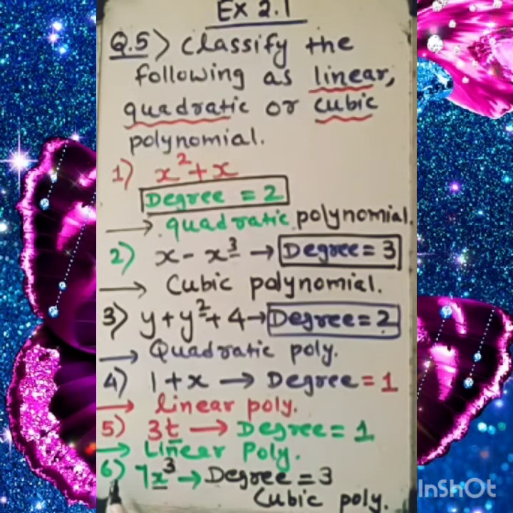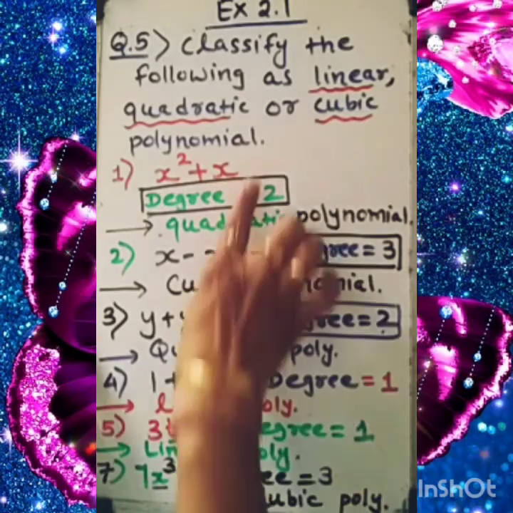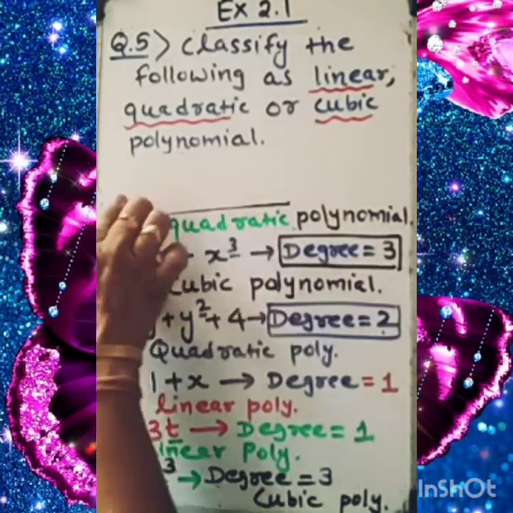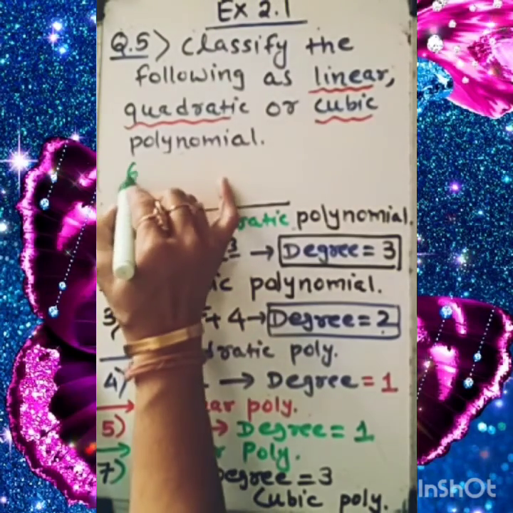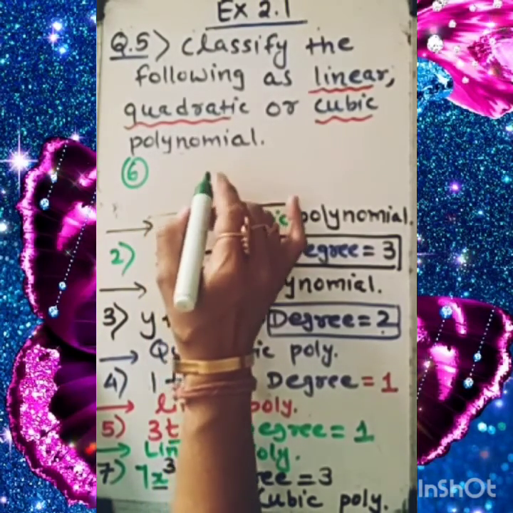So this is the 7th part. 7th I have written here. Okay, this is 7th and 6th is missing. So I am correcting it here. 6th is not there. Okay, 6th I am writing here. Okay, there is r.